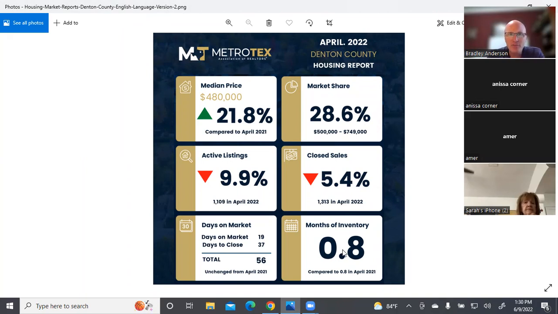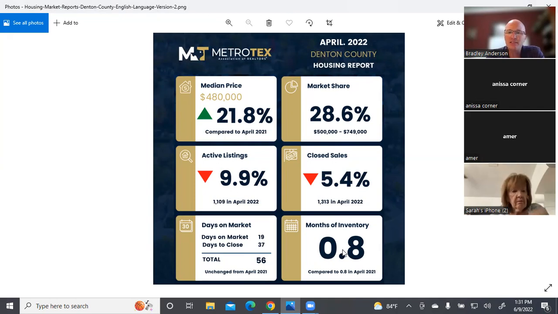So sometimes this is called absorption rate, or months supply. And this is kind of a weird statistic to wrap your mind around, but this really measures the velocity or the pace at which homes are selling. So let me just explain that for a second.